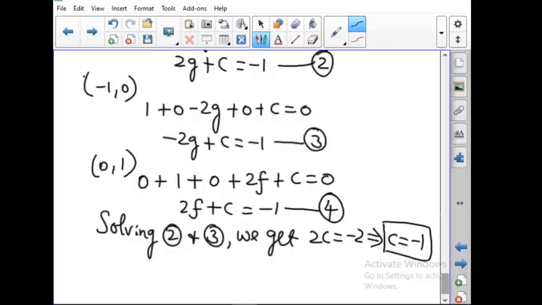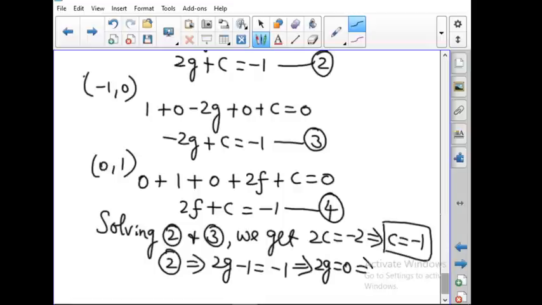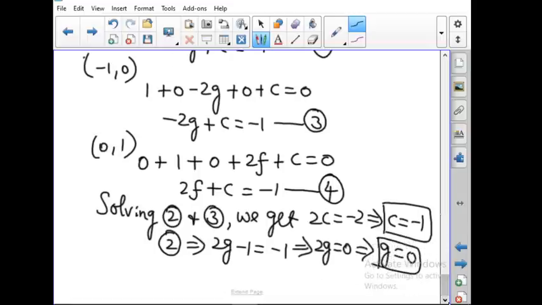So we got the answer for c. Now substituting c in any one of the equations, the second equation implies 2g minus 1 equal to minus 1. Taking minus 1 to that side, it will become 0, that is 2g equal to 0. That implies g is equal to 0.